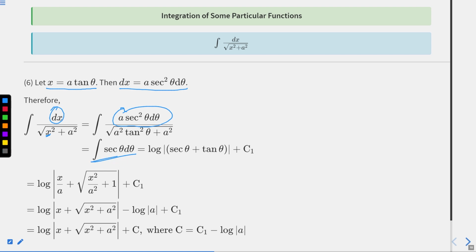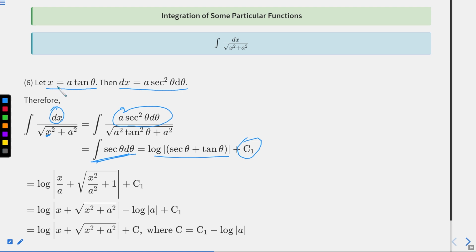You know the direct integration of sec theta is log of modulus of sec theta plus tan theta plus some constant. Now replace sec theta in terms of x. You have tan theta is x by a. Tan theta is x by a means sec theta will be root of tan square plus 1.